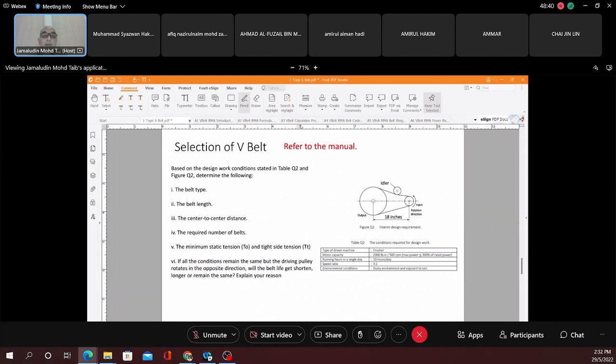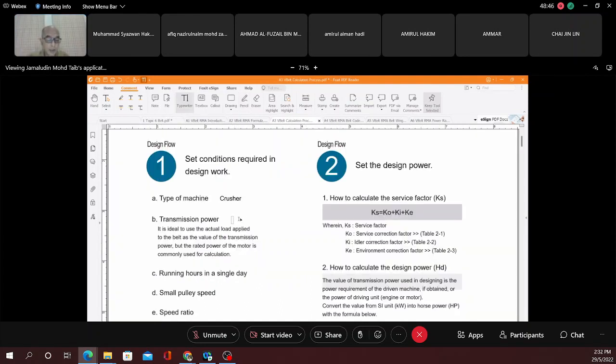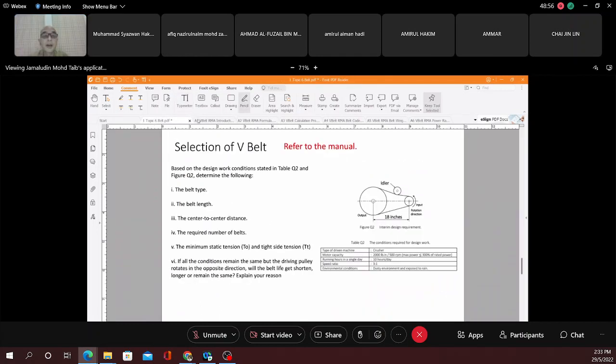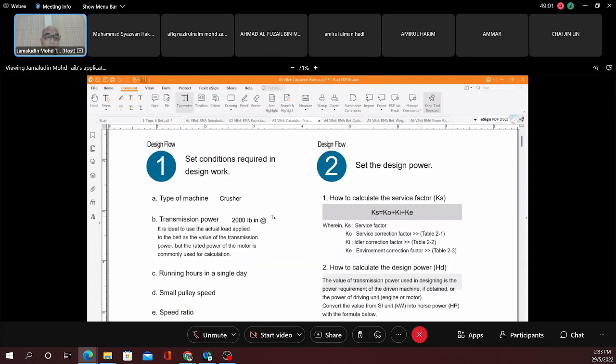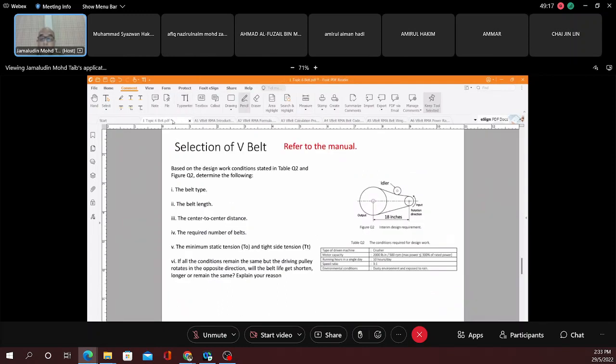Running time is 10 hours per day. This is required for using the catalog. Is it 10 hours? Yes, 10 hours per day.